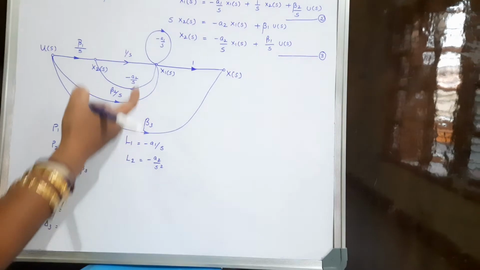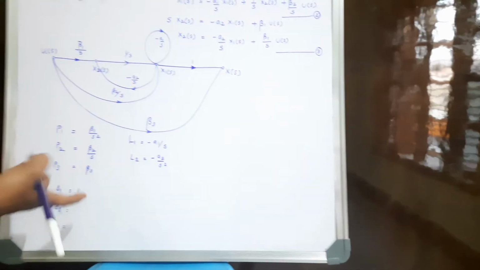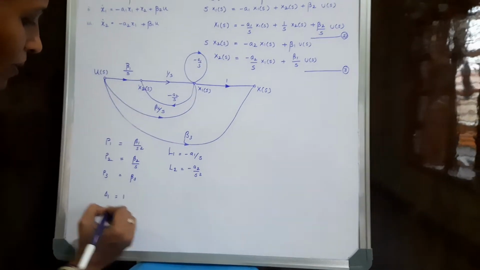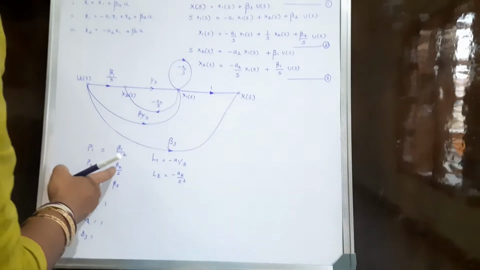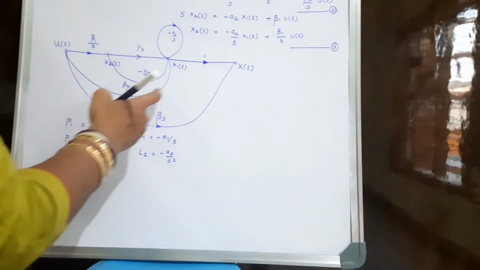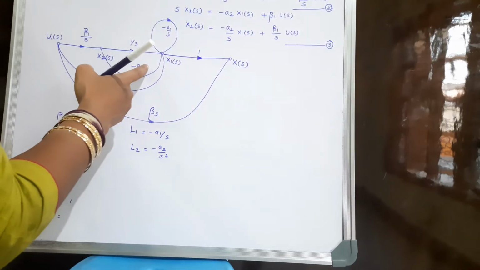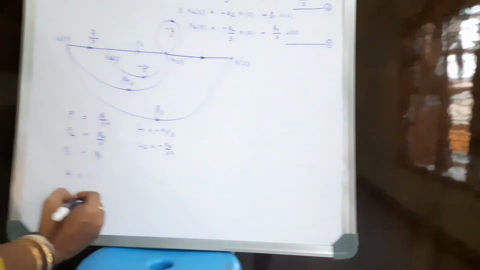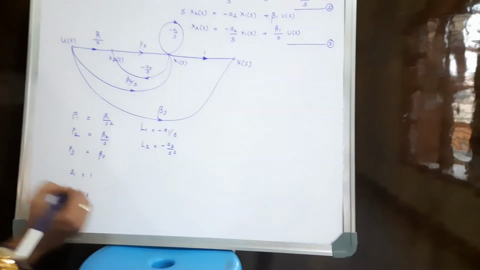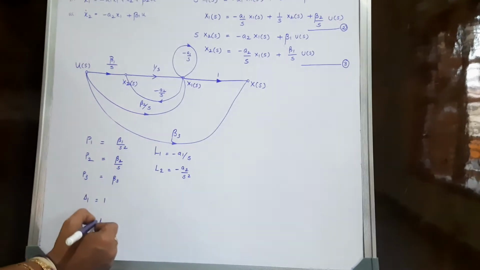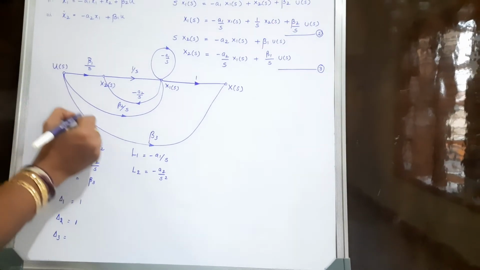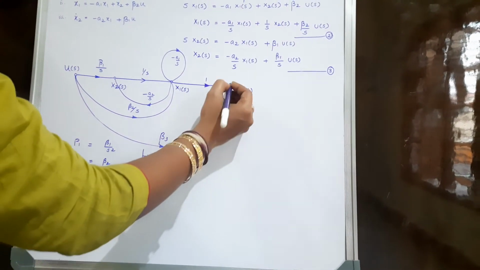So both loops are touching this, so hence delta 1 will be 1. Similarly, the second one is this one. For this also, this loop is touching, this loop also touching, so hence delta 2 also becomes 1. The third path is this one.